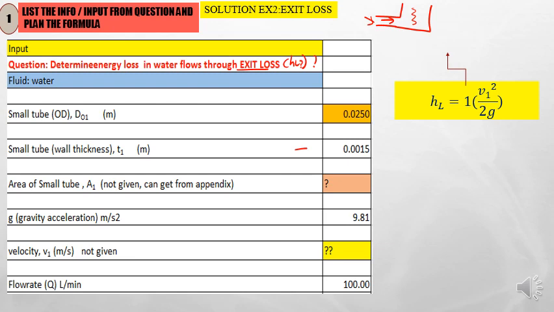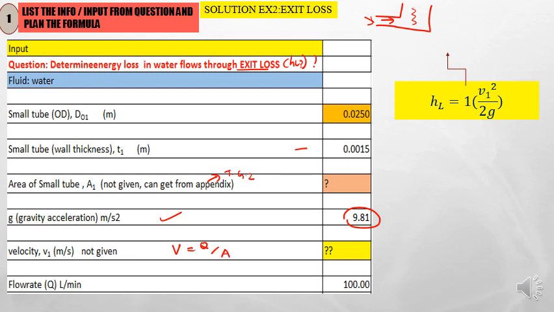It is the same as example 1, in which we can get the area from appendix G2. Acceleration G we know about, and V1 is not given, but we can get V1 based on the formula V equals Q divided by A.